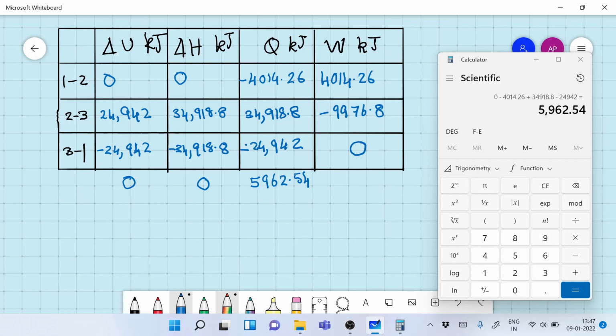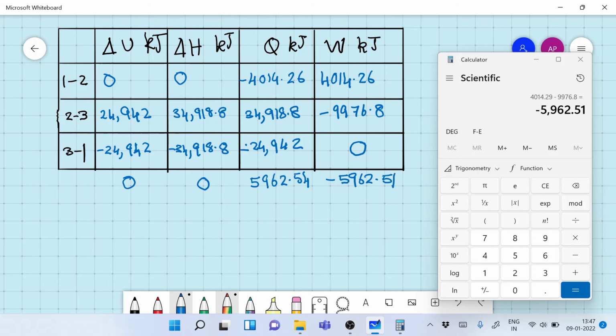Now let's add up the quantity of work. So that is 4014.26 minus 9,976.8. Now this is minus 5,962.51.